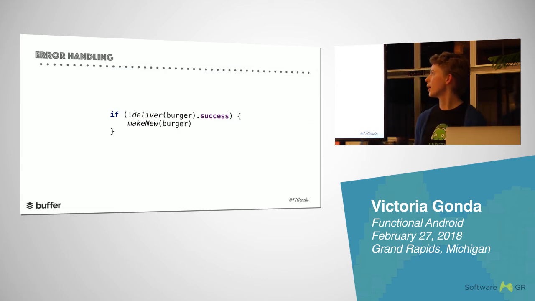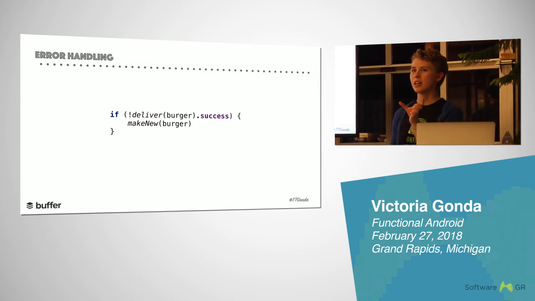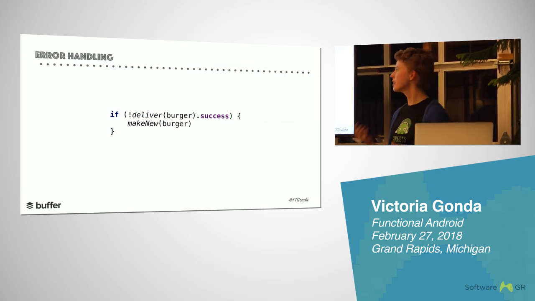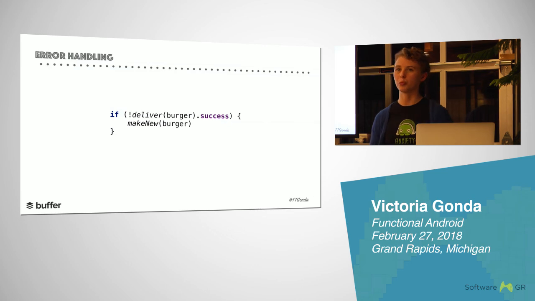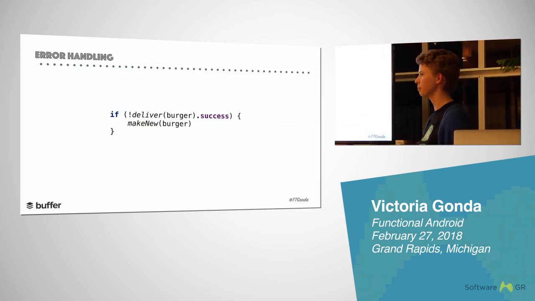I've also seen this where the result object has an error on it, like maybe a string, or you have an error class that you use. So that's how you do error handling with functional programming, treating an error just as any other type of data.